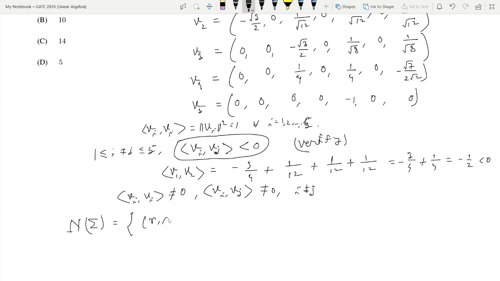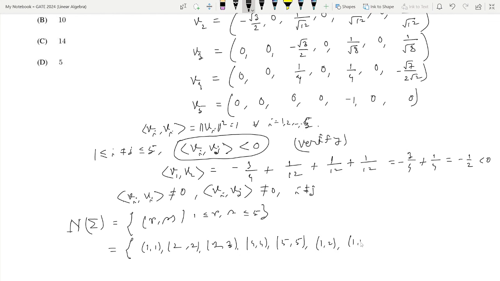All such pairs r comma s such that 1 less than or equal to r less than or equal to s less than or equal to 5. So this set actually contains 1 1, 2 2, 3 3, 4 4, 5 5, 1 2, 1 3, 1 4, 1 5.